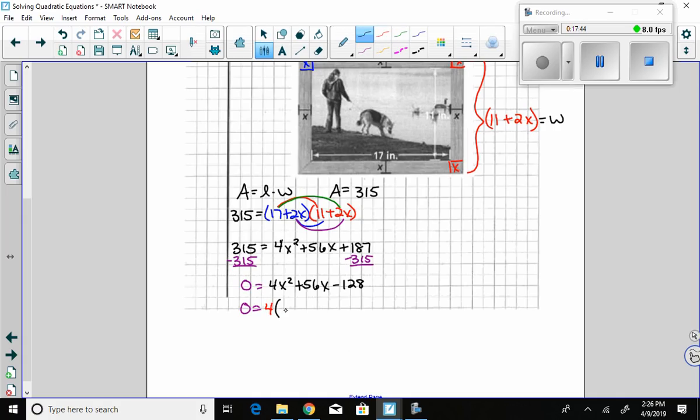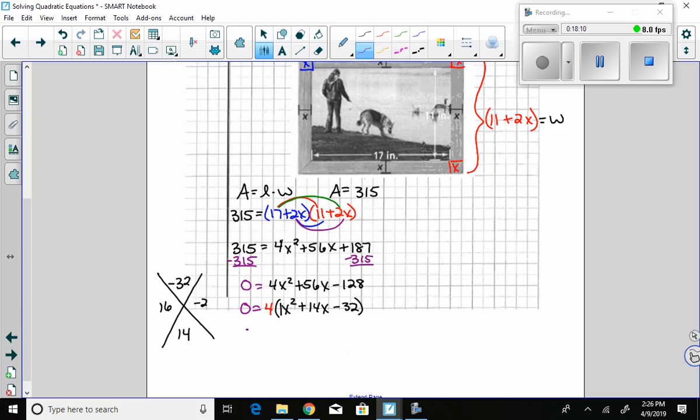Life is good. 4 times x squared plus 14x minus 32. So now I just have to factor that. So let's see, what makes negative 32 and positive 14? It would happen to be 16 and negative 2. That makes life easy because I can go straight to the answer since that coefficient is 1.